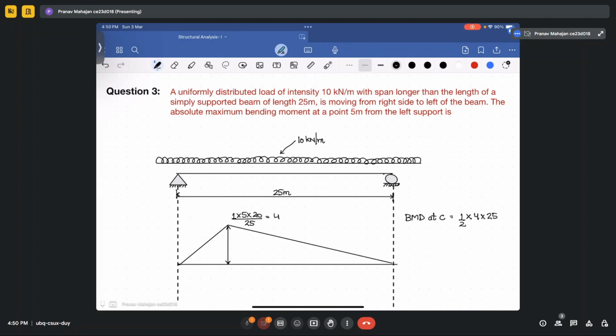The corresponding load is 10 kilonewton per meter. So this is the area under the bending moment diagram for a unit load at a distance of 5 meter from the support, multiplied by the given load, 10. You will be able to calculate the bending moment at point C, and it comes out to be 500 kilonewton meter. Okay, this is how you calculate the bending moment at any point when it is subjected to a load longer than the span.